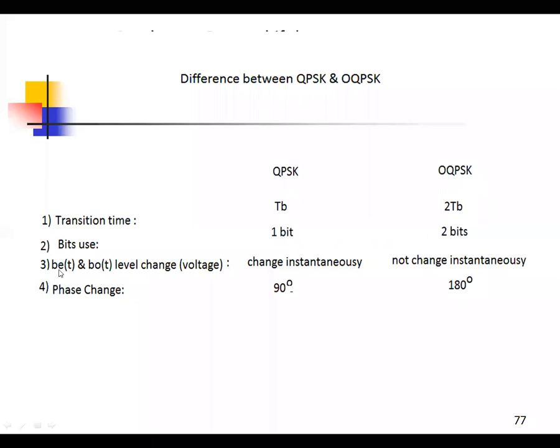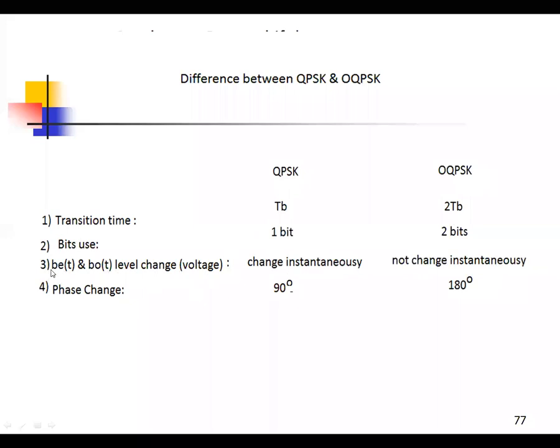Now, B of t and B naught of t level change, that is voltage level change. In the non-offset QPSK, the bit changes instantaneously. Whereas in OQPSK, offset QPSK, it does not change instantaneously.